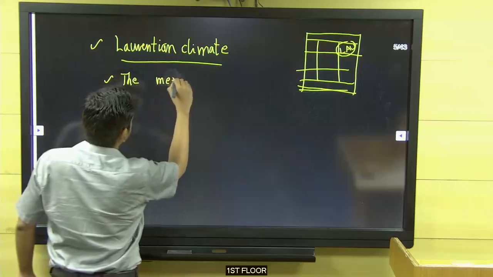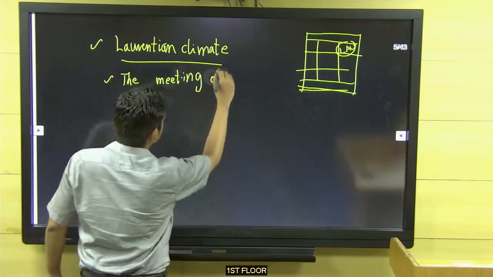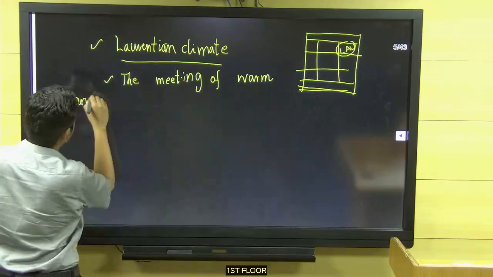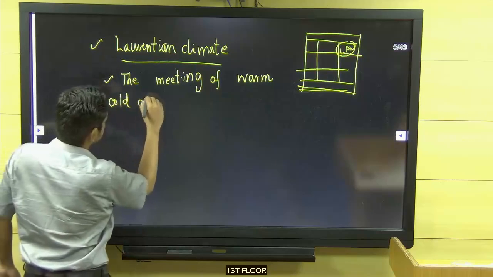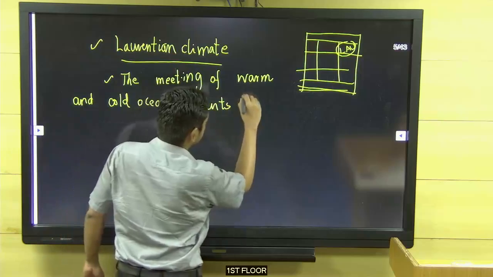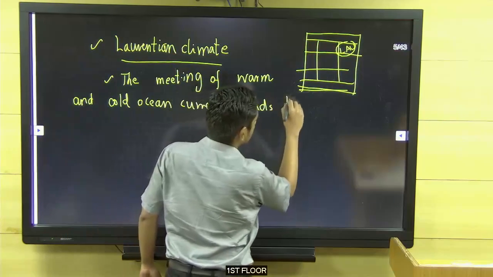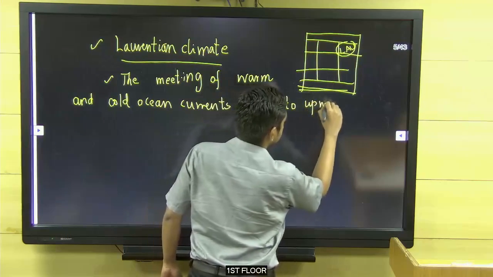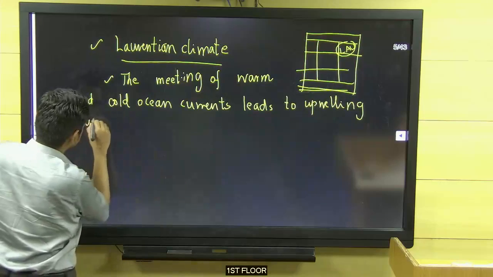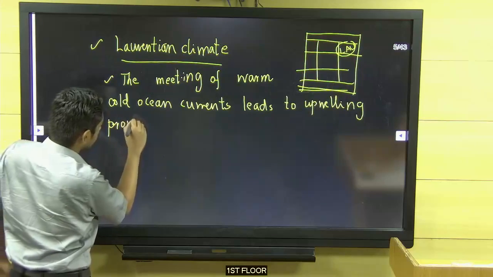The meeting of warm and cold ocean currents. Cold ocean currents leads to upwelling, thus promoting very good fishing grounds.